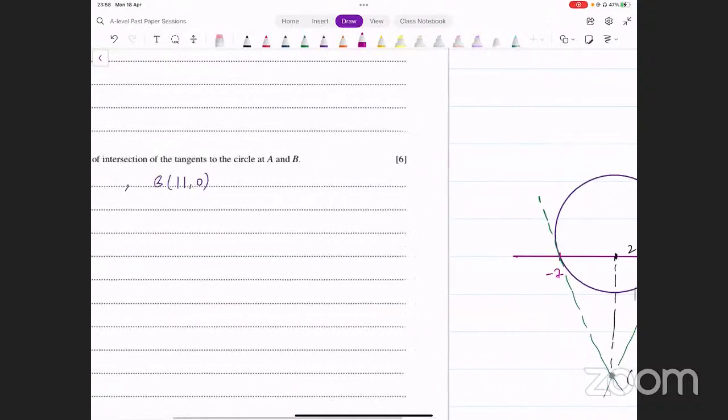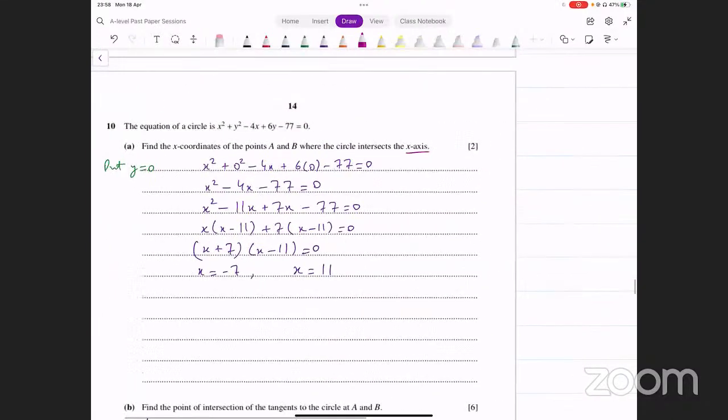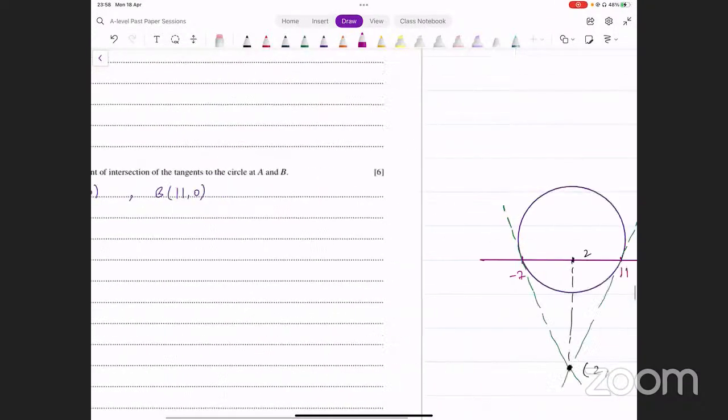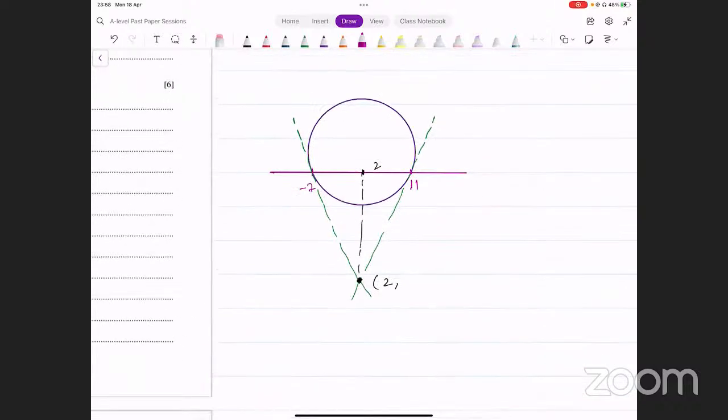अच्छा, अब हम क्या करते हैं, एक तो हम सर्कल का सेंटर निकाल लेते हैं, ट्रायंगल की हाइट निकाल लें. How would you do that? ट्रायंगल की हाइट कैसे निकालें?